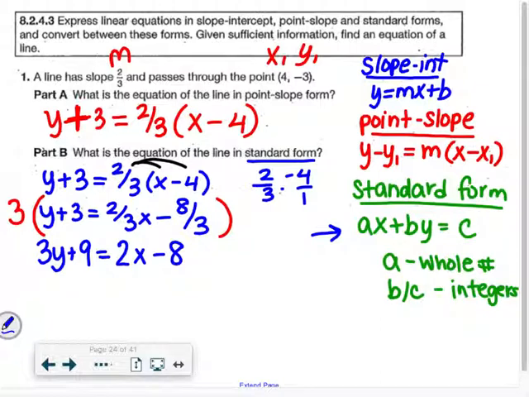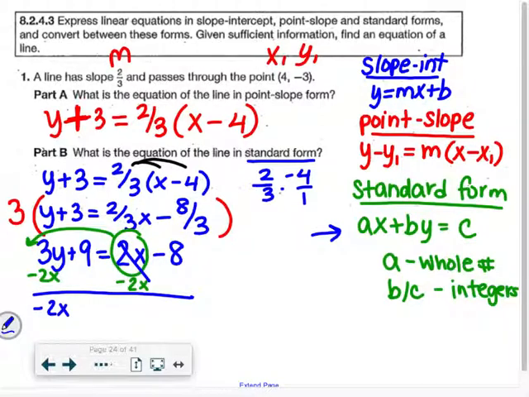Ax plus by equals c. So my x is clearly on the wrong side, so I need to move it to get it in the correct spot. So that's like subtracting 2x on each side. So if I subtract 2x on each side, I cancel it out, and I get negative 2x plus 3y plus 9 equals negative 8.